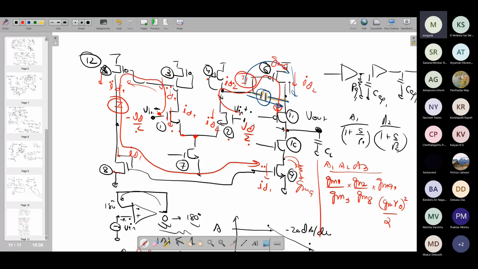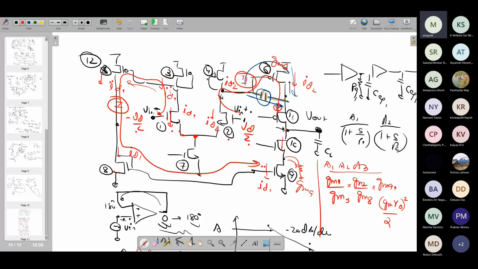So you are getting an impedance. If I assume that the upper and the lower path both have similar GMRO, for the input path it is GM9. Then a 1/2 factor comes because of the current division. That current goes into this path and is multiplied by the impedance of this upper branch.